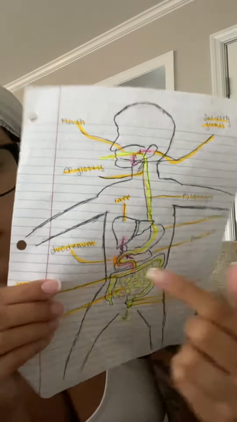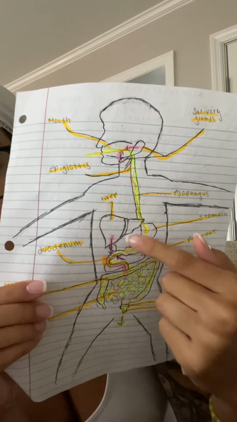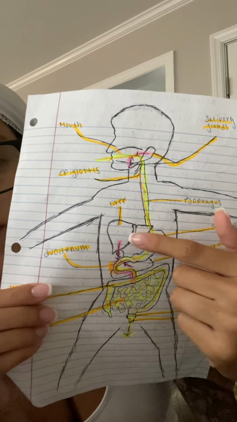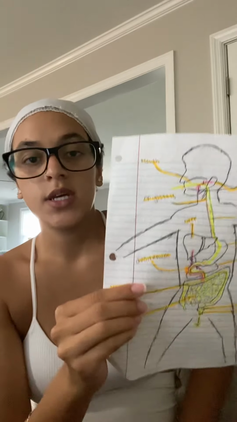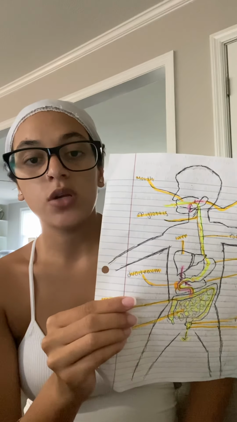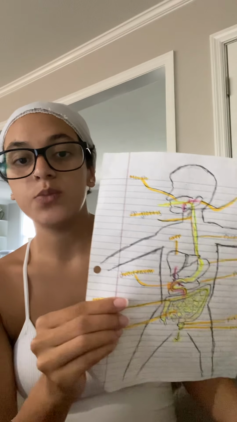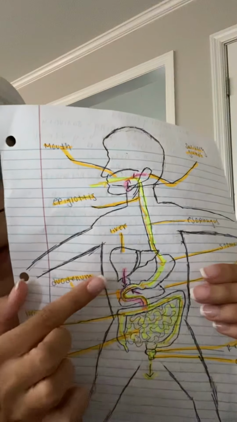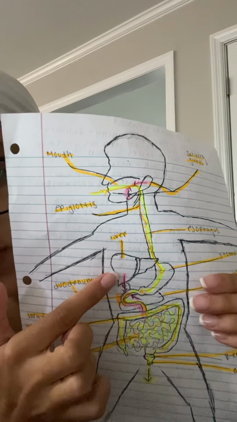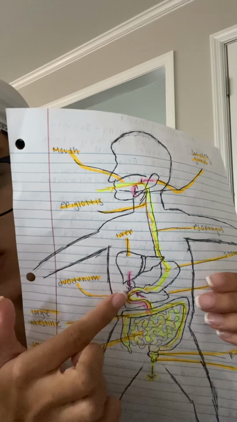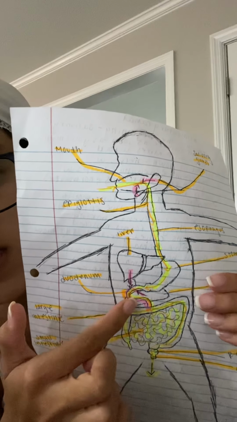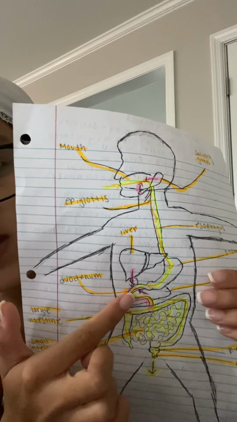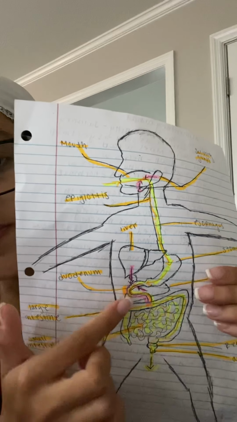So here we have our liver, and our liver secretes a substance called bile, and bile helps break down specifically fatty foods. Here, bile will be secreted into the small intestine, specifically the beginning called the duodenum.